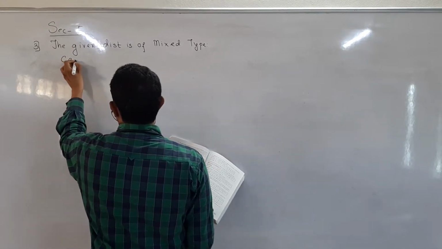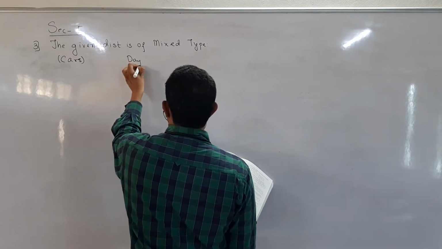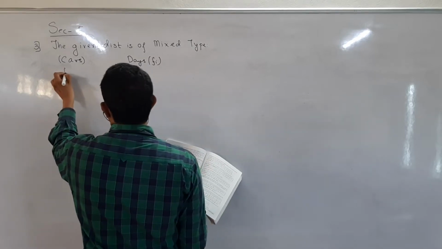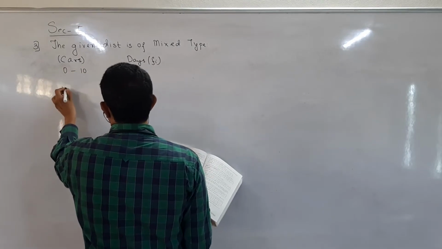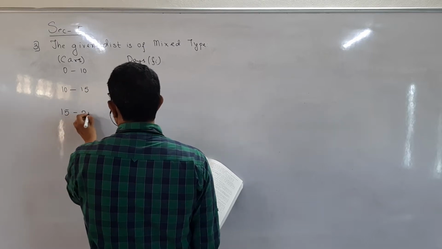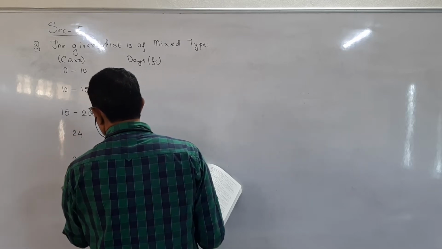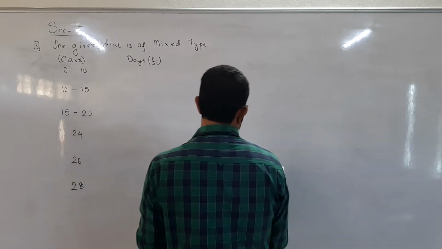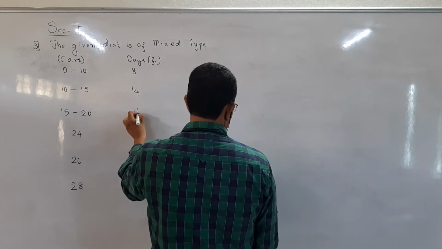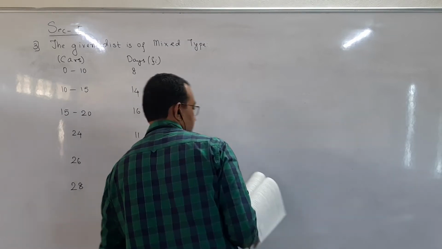So we write number of cars and days as fi. 0 to 10, 10 to 15, 15 to 20, 24, 26 and 28, and frequency days are 8, 14, 16, 11, 4 and 2.